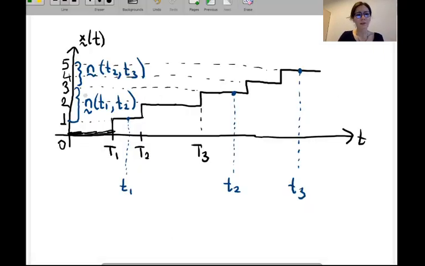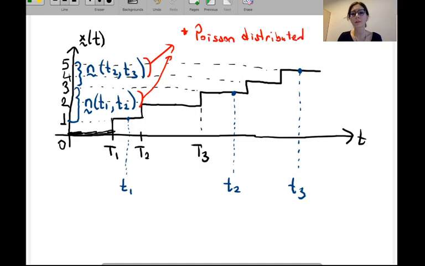So let's note down on our picture that these random variables are Poisson distributed, and they are independent because the time intervals are disjoint, non-overlapping.